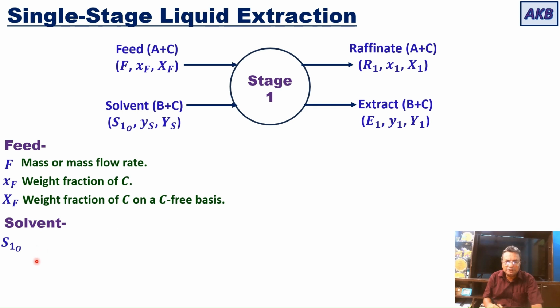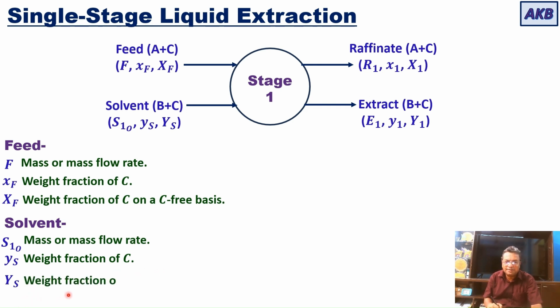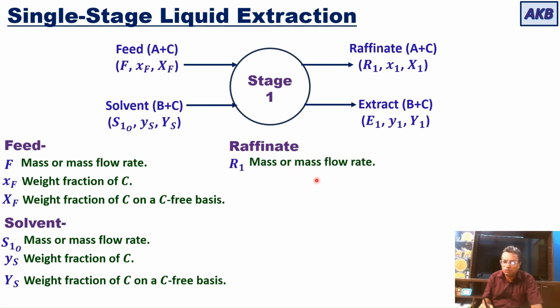Then for solvent, S is the mass of the solvent for batch-wise operation or mass flow rate for continuous operation. Then small ys is the weight fraction of C in the solvent phase, and capital Ys is the weight fraction of C on a C-free basis. Then for the raffinate phase, R1 is its mass or mass flow rate, depending on whether it is a batch-wise operation or a continuous operation.